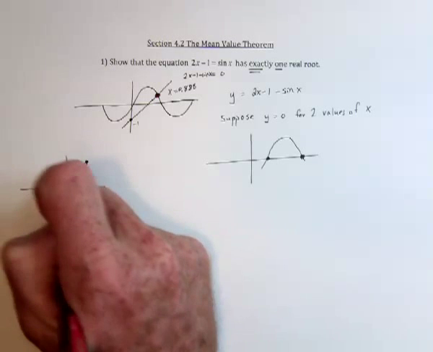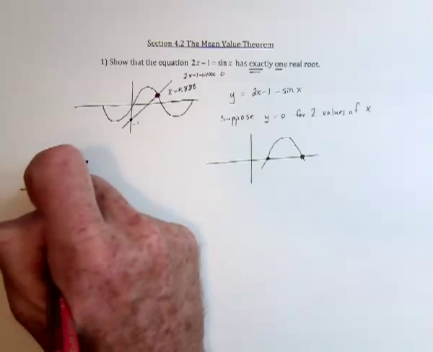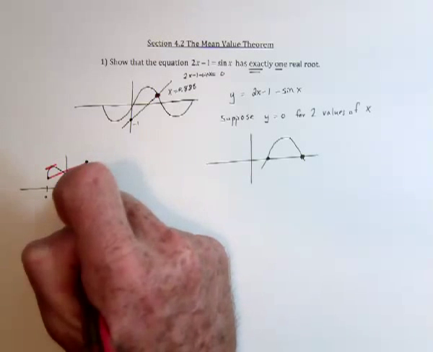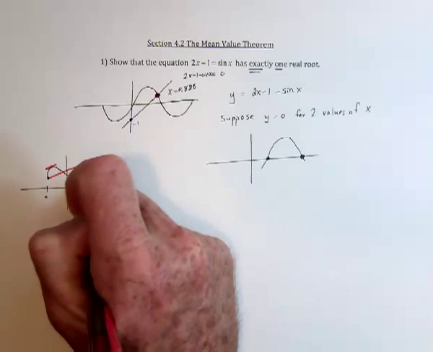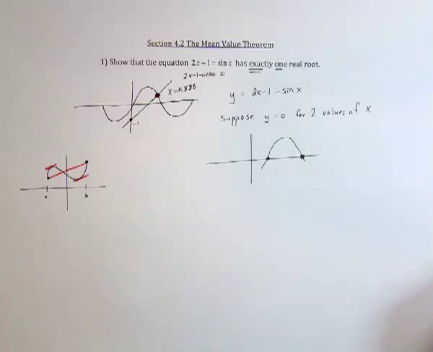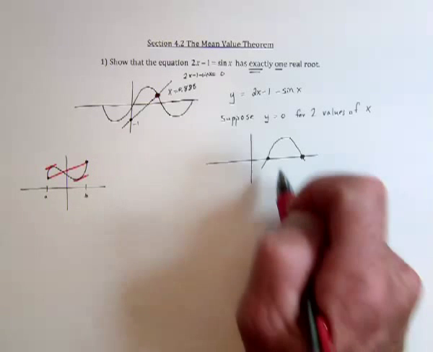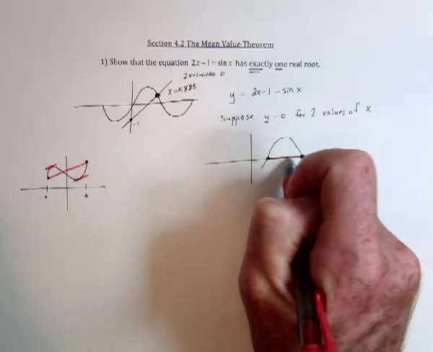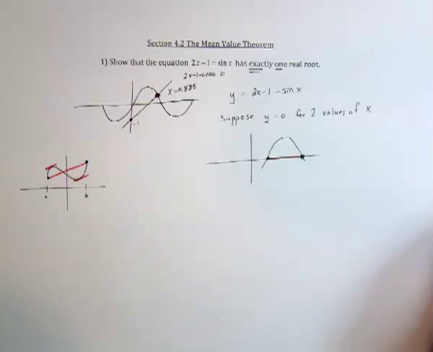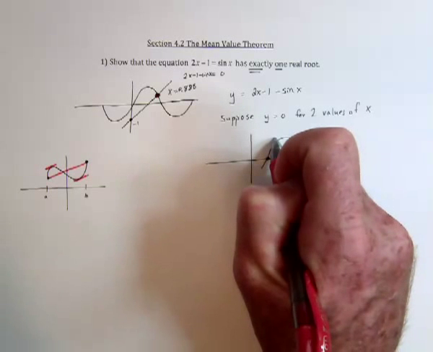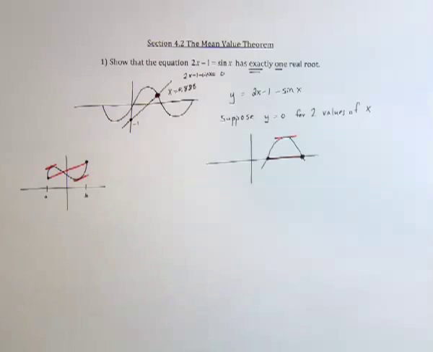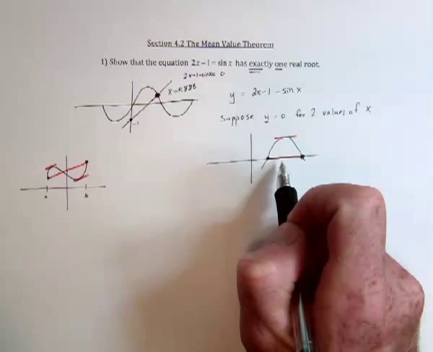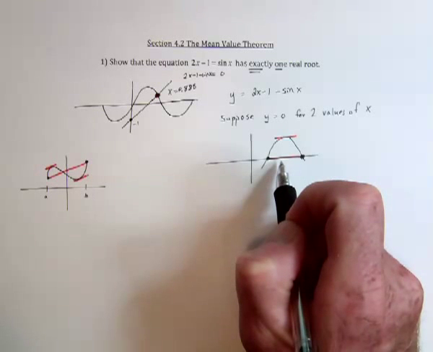Then there's going to be a place where the slope is the same for the tangent line. Like right there, or in this case also right there. So in our case, this special case, going between the two points, the slope is equal to 0. That's a horizontal line. Which means that there's going to be some other place where it's got a horizontal tangent line, or in other words, the slope is equal to 0.